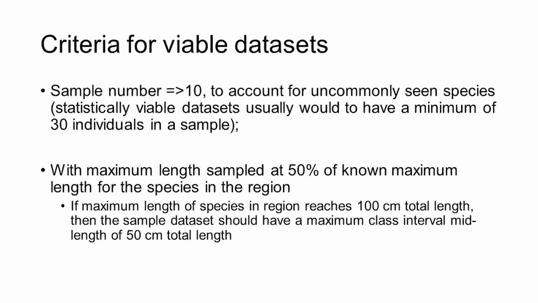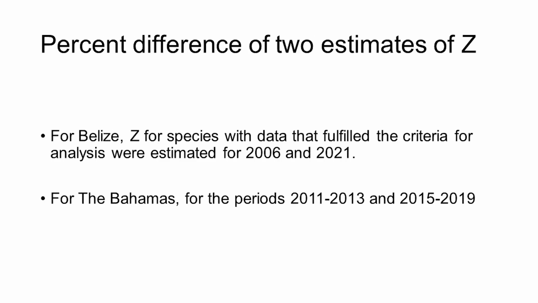There were about 60 species altogether in that data set, but not all of them had been observed with maximum sizes that are 50% of the expected maximum size for the species. After that, we estimated the percent difference between the two estimates of Z. For Belize, it was between 2006 and 2021, and then for the Bahamas, it was between those two time periods.